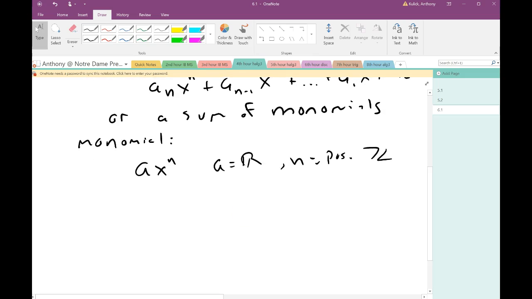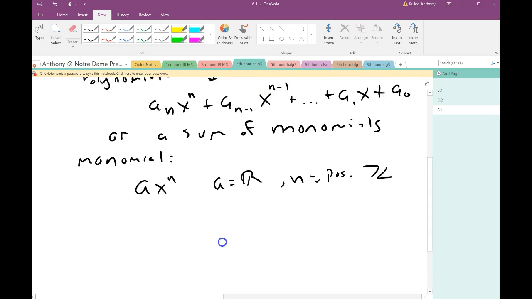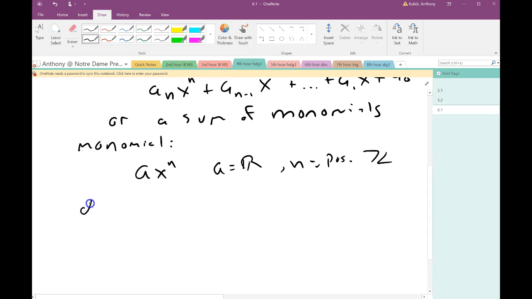And you're going to say, okay, yeah, so what? The reason we do that is so that we can define the degree of a polynomial a little easier. We define it in terms of the degree of a monomial. The degree of a monomial is that exponent.